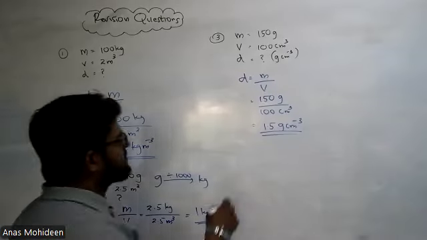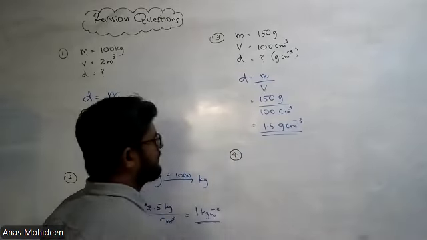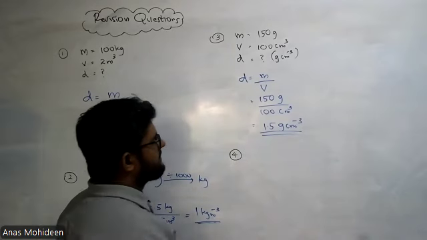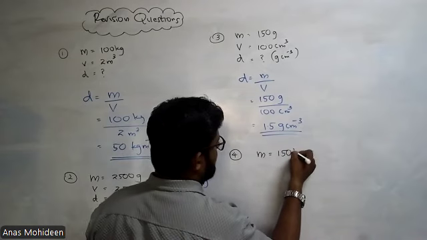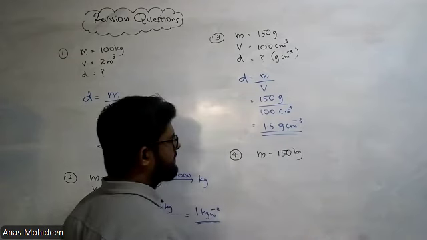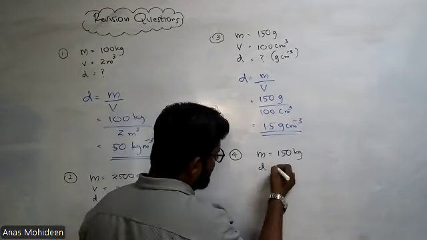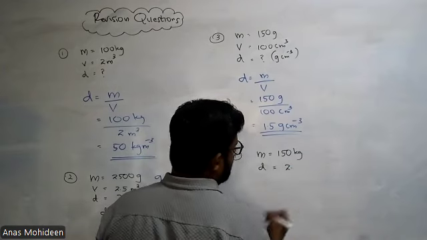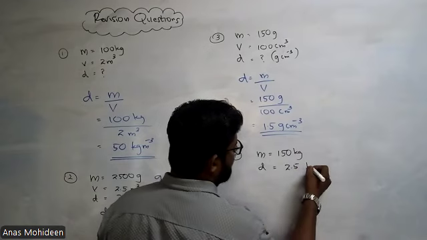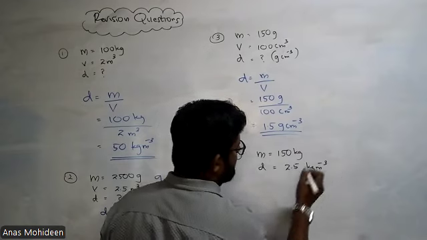So I'm going to take question number 4. I'm giving you the mass, 150 kilograms, and I'm giving you the density, 2.5 kilograms per cubic meter.